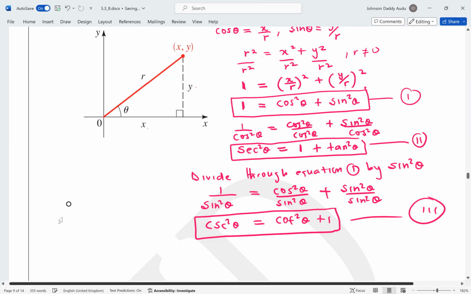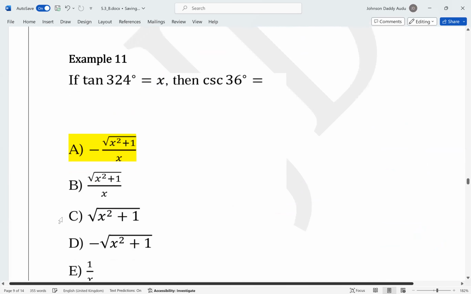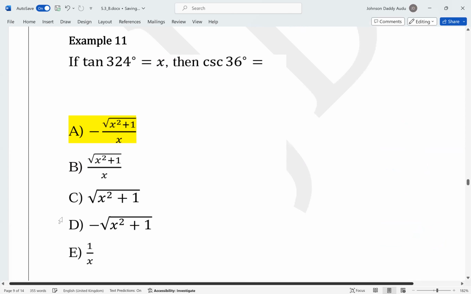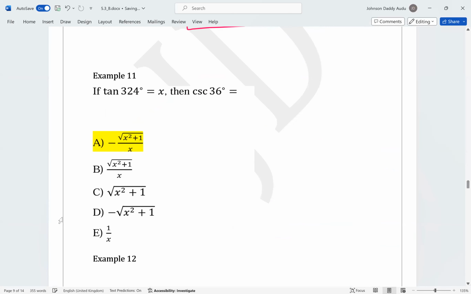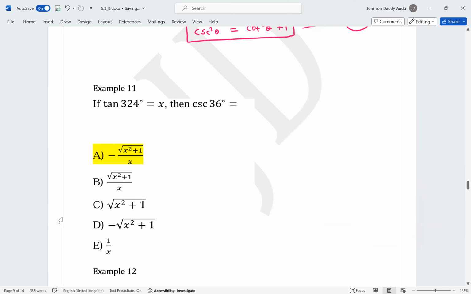All right, now let's see how these identities are helpful. If you look at this question here, let's see how this will go. So this is tan 324. We know that 324 is in which quadrant? It's in the fourth quadrant. Since it's in the fourth quadrant, we're going to use a reference angle, right? But we know that tan is negative in the fourth quadrant. So this is going to be minus tan.